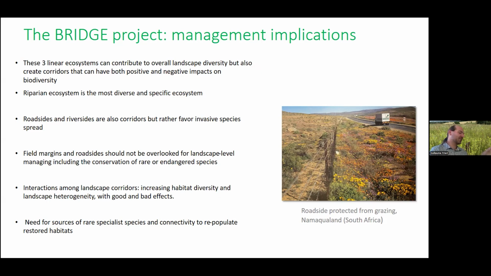And we also have to think about interactions among these corridors, which could contribute to increased habitat diversity and landscape heterogeneity. And finally, an important aspect is to try to preserve sources of rare specialist species and maintain connectivity to support the recolonization of restored habitat.